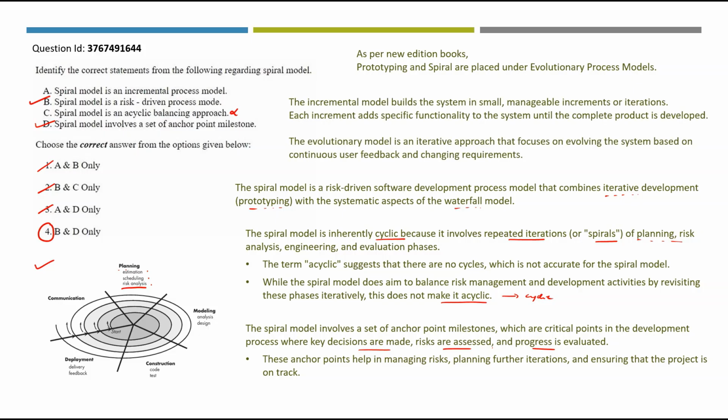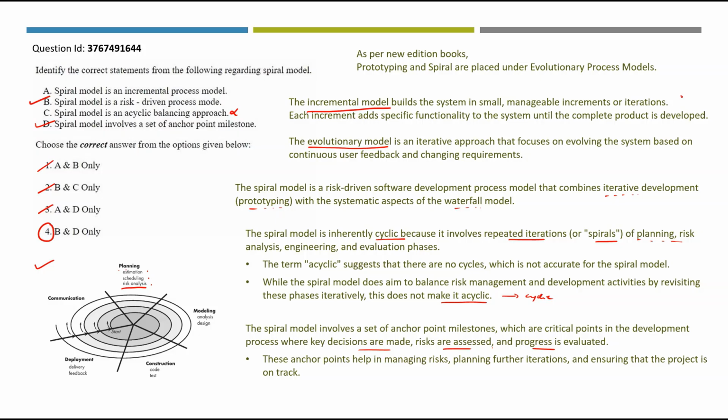So let's understand the difference between incremental model and evolutionary model. Incremental model builds the system in small, manageable increments or iterations. Each increment adds specific functionality to the system until the complete product is developed. Take for example, a product having 5 pieces of modules.